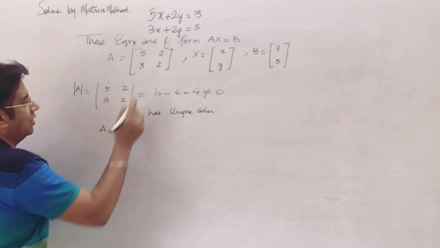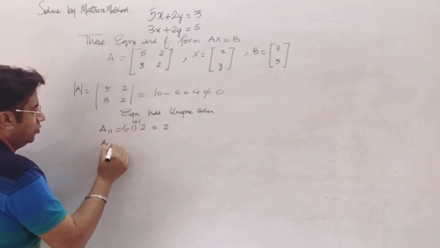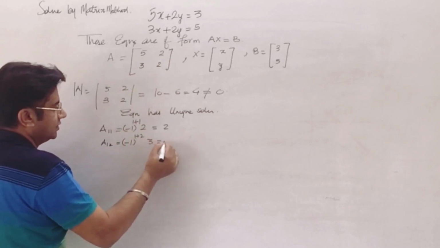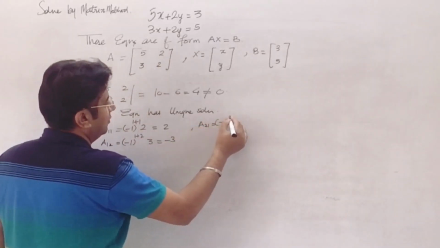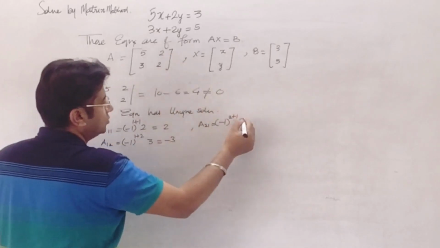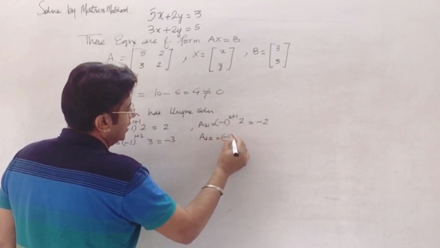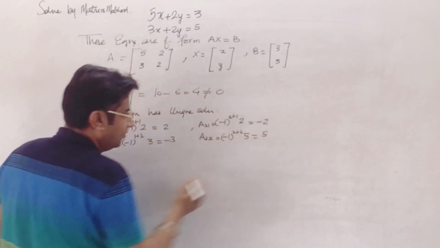A11 is minus 1 raised to 1 plus 1, and it is 2. A12 is minus 1 raised to power 1 plus 2 times 3, that is minus 3. A21 is minus 1 raised to power 2 plus 1 times 2, it is minus 2. A22 is minus 1 raised to power 2 plus 2 times 5, it is 5.